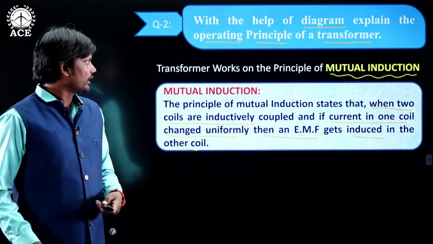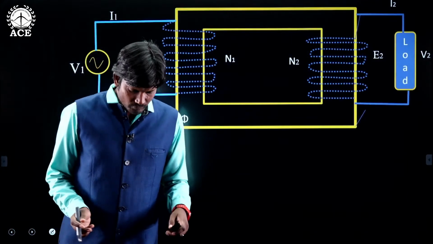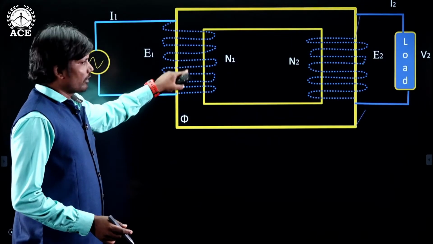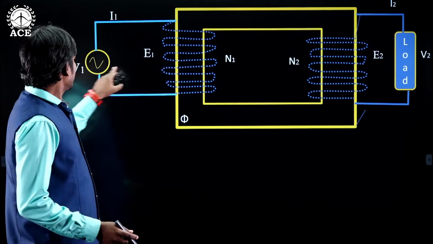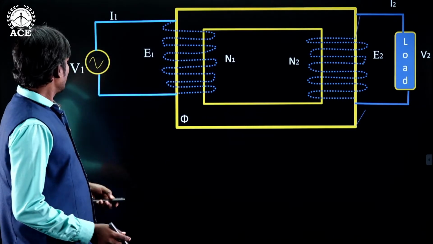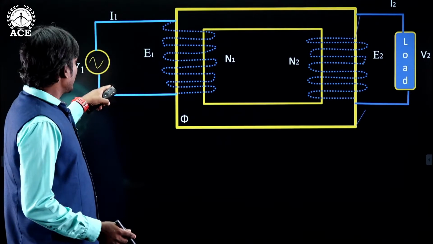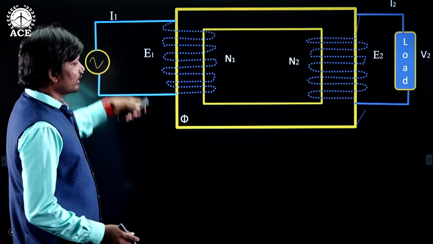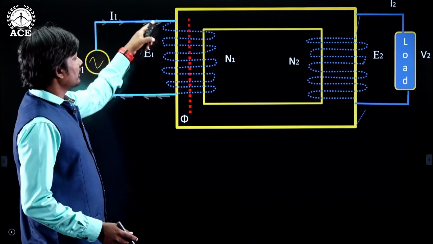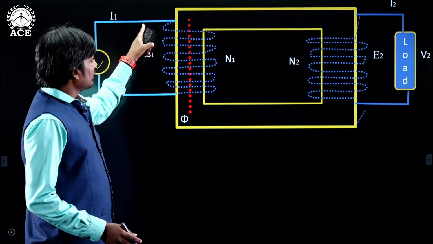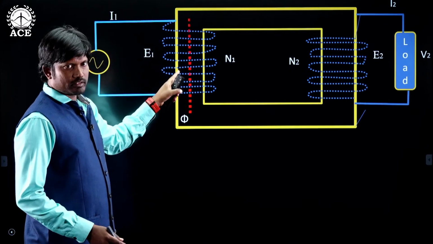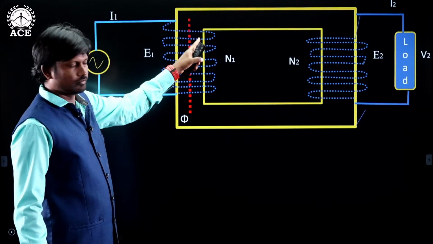I will explain in detail. When the primary winding is excited by an AC voltage, meaning alternating voltage, it circulates an alternating current, and this current produces the flux in the core.